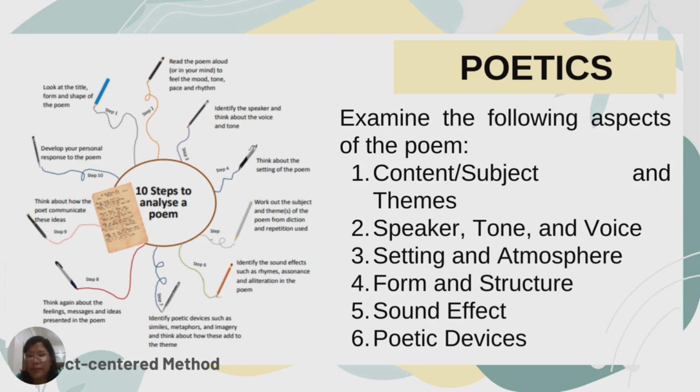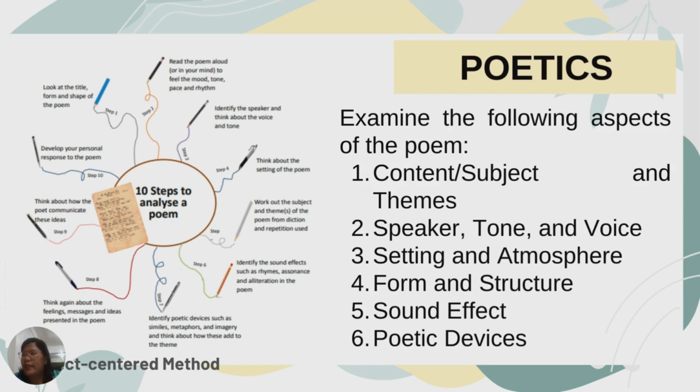Is it a happy poem, or does it reflect a light atmosphere, or is it a dark or gothic type of poem? The next is to examine its form and structure, then the sound effects, the poetic devices, and the word choice, which are the words used in the poem.